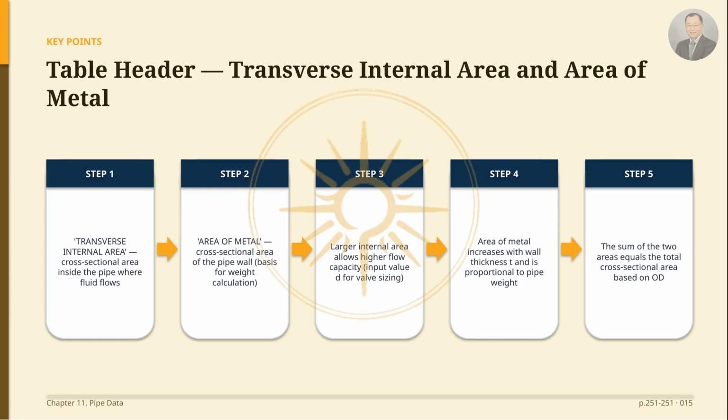Meanwhile, the area of metal is the cross-sectional area of the pipe wall itself, which increases as the wall thickness T increases and is directly proportional to the pipe weight per unit length. Adding these two areas equals the total cross-sectional area based on the outside diameter. Therefore, you can see in the table that for the same outside diameter as the schedule increases, the area of metal increases, and the internal area decreases.